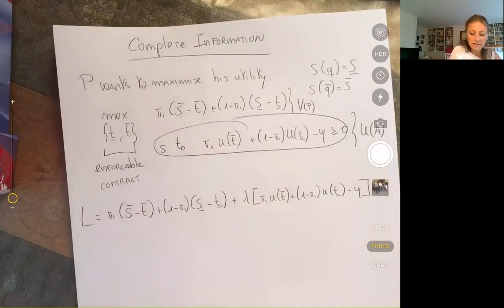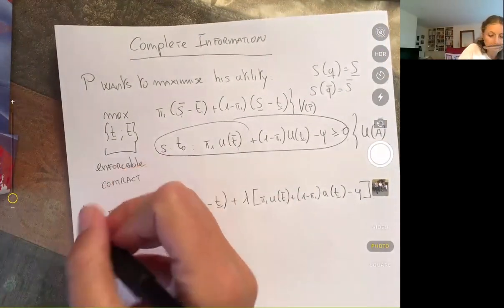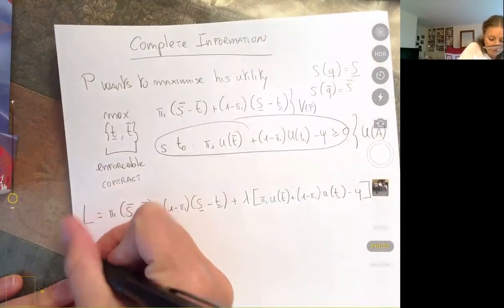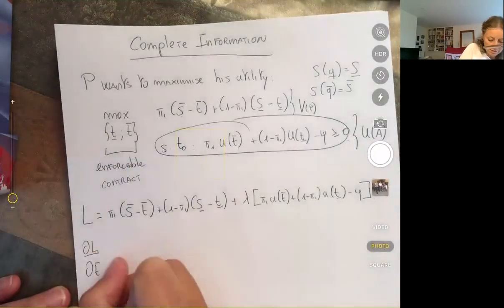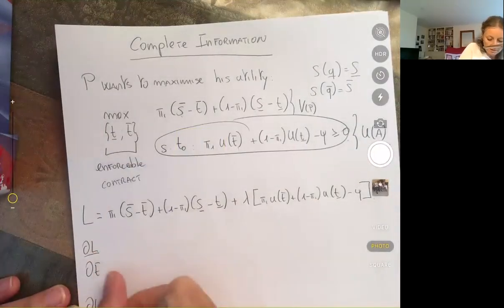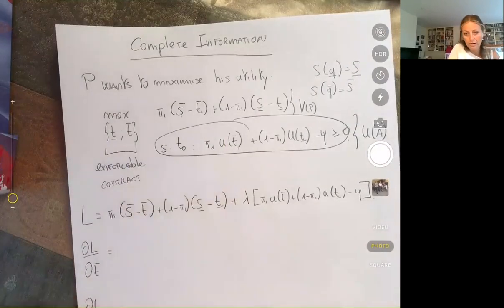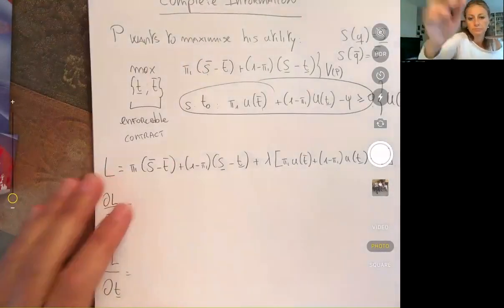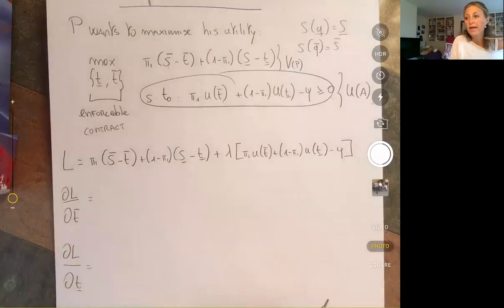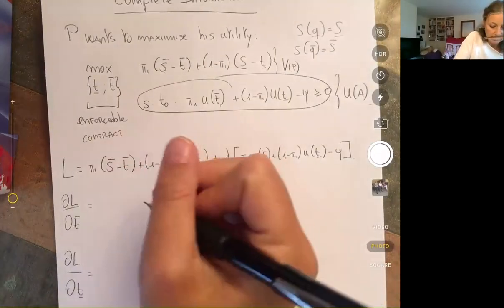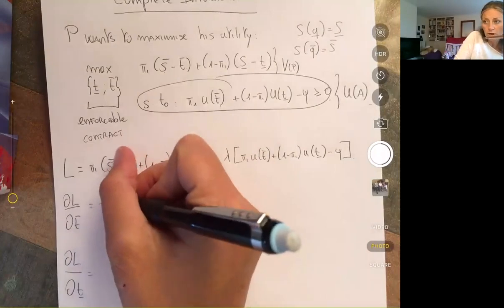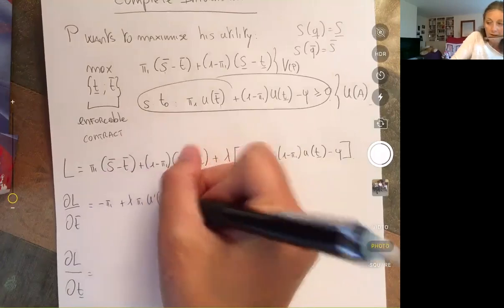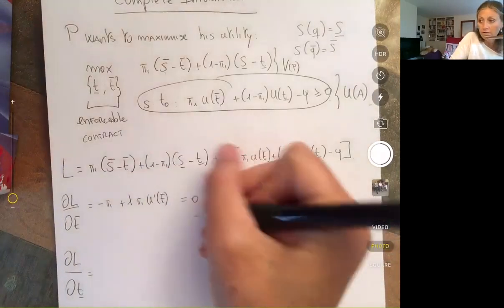Going back to the detail, now we can derive our Lagrangian function with respect to T lower bar and with respect to T upper bar, one at a time. And so we can get here minus pi 1 plus lambda pi 1 u prime of T upper bar equal to 0.